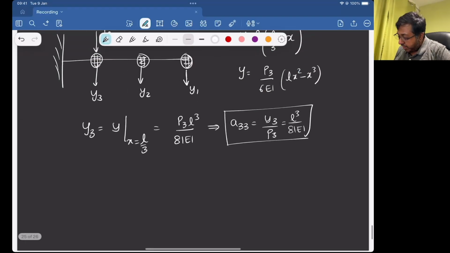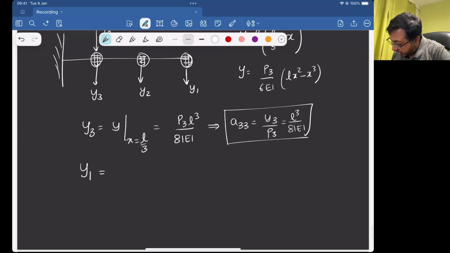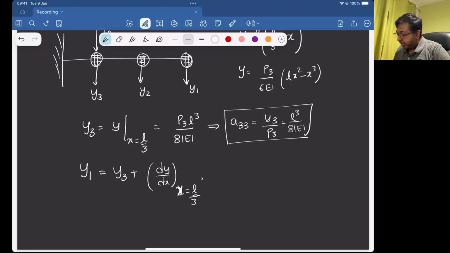But now I have to think about my Y1, which is nothing but Y3 plus dy by dx, which is the slope at x equal to L by 3, into the length segment. So the distance between point 3 and point 1 is 2L by 3.